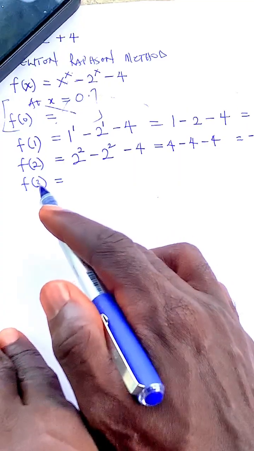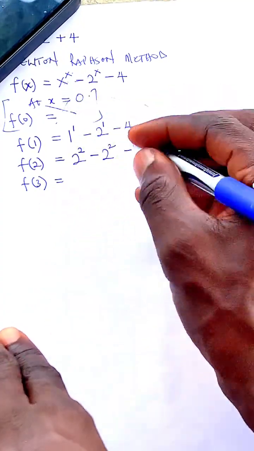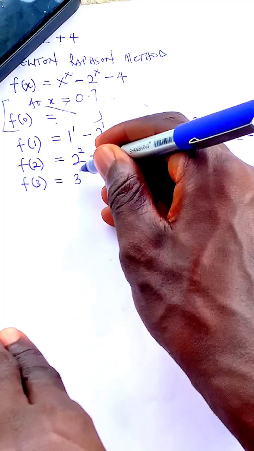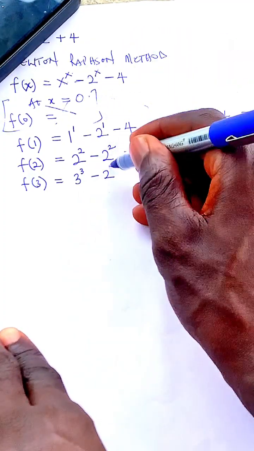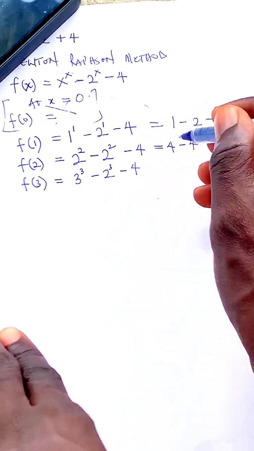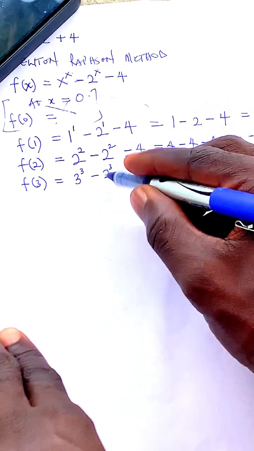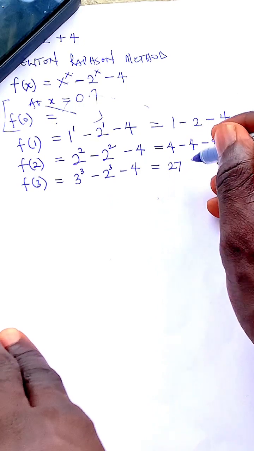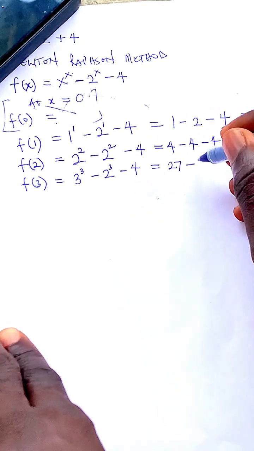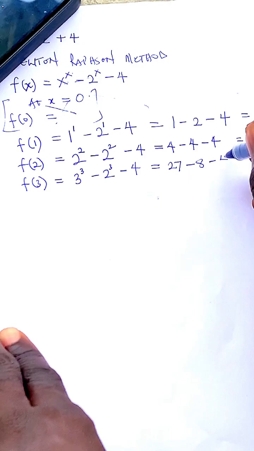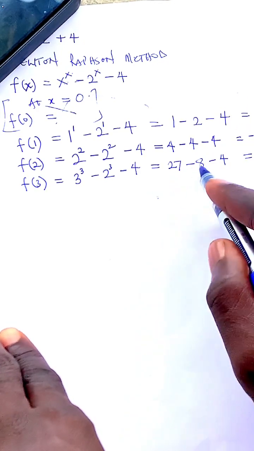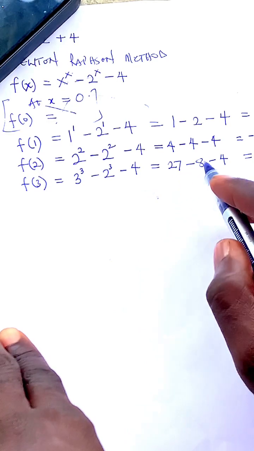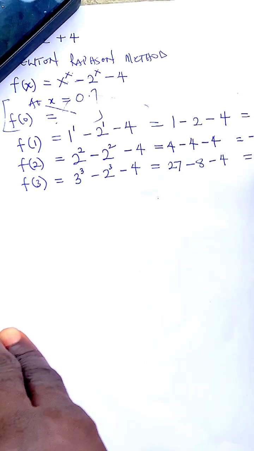At x equals 3, we have 3 to the power of 3 minus 2 to the power of 3 minus 4, which is 27 minus 8 minus 4. 27 minus 8 is 19. Then 19 minus 4 is 15.